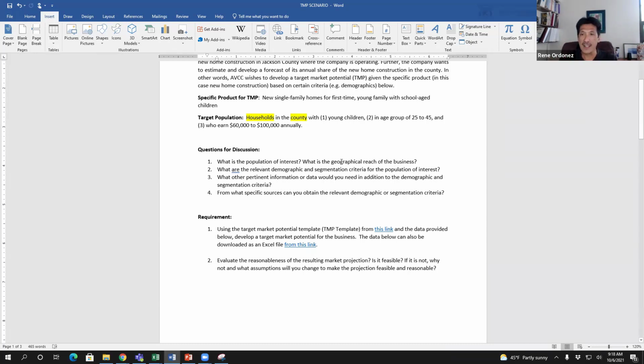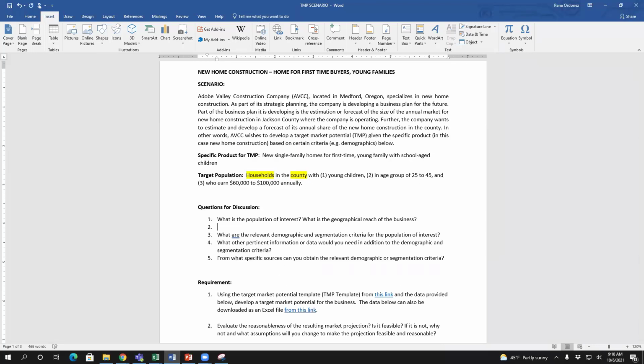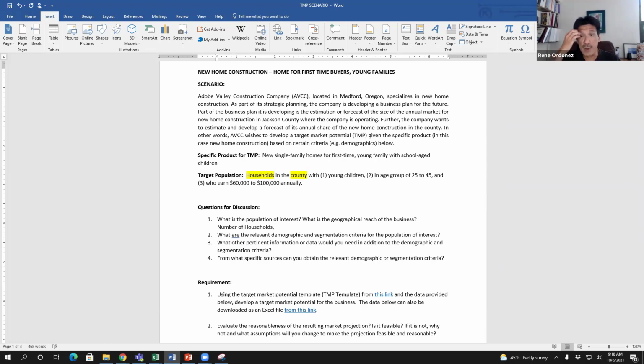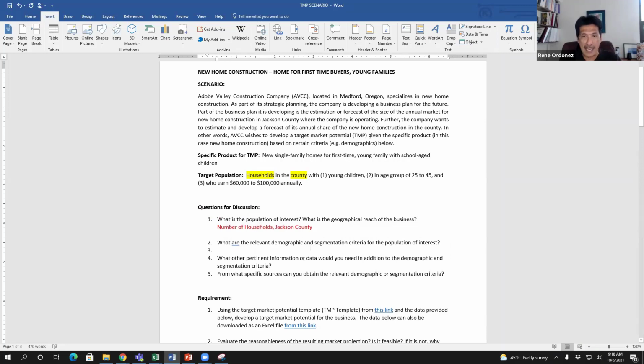So you have to define this. How is it defined in this scenario? Jackson County. So the first one is number of households, okay? And with geographical reach, what was that? Jackson County. Good.